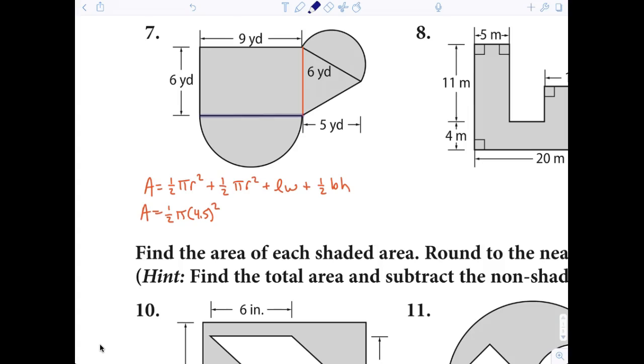Come on, you're supposed to draw that out. You know that. Now, what is the radius of the small semicircle? There you go. What's the length and width of the rectangle? And now what's the base and height of the triangle? 6 and 5. Very good. There you have it.